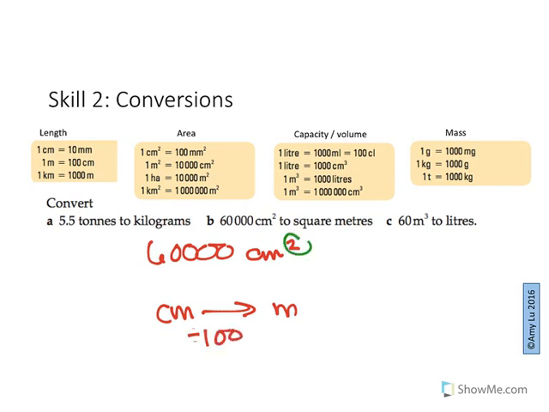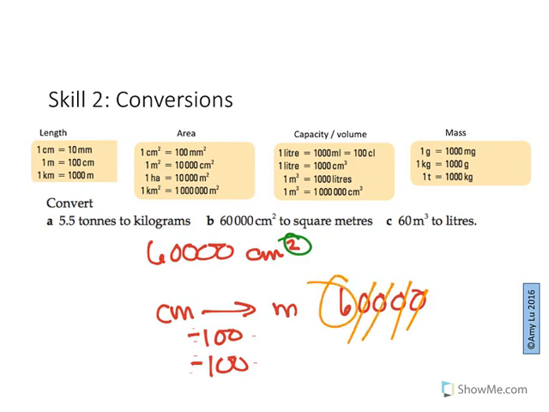Now, because I have square centimeters, I'm going to divide it by 100 twice. So 6,000 divided by 100 twice, well, divide it once, you get rid of 2 zeros. Divide it again, you get rid of the next 2 zeros. So my answer is just 6. So that's another way to look at it. I do the conversion twice because it's square.